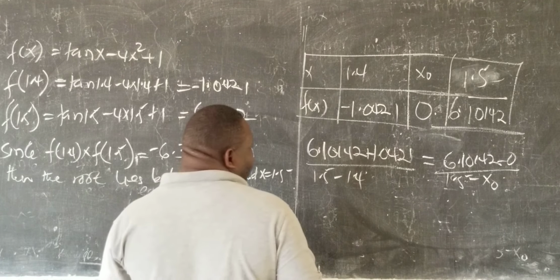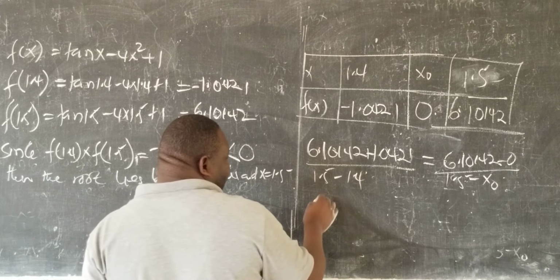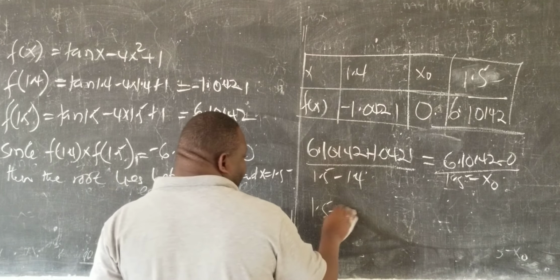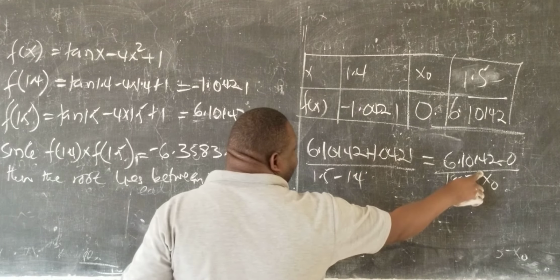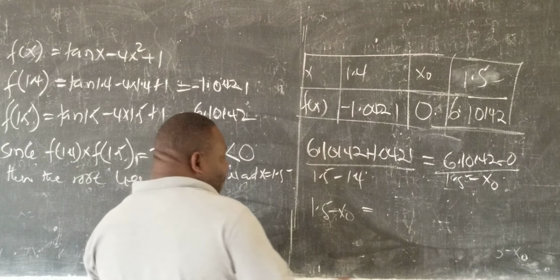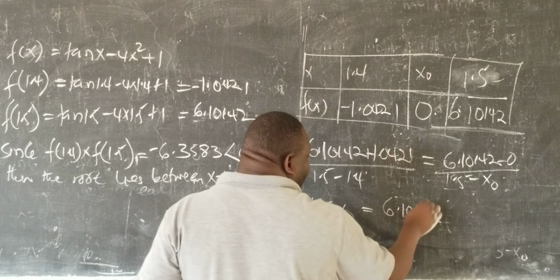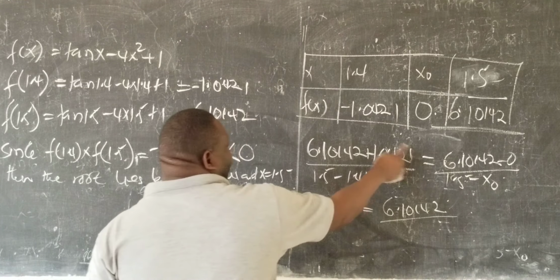Cross multiplying, we have 1.5 minus x naught, and the whole of this goes down here, then this will be 6.10142 divided by the whole of that.